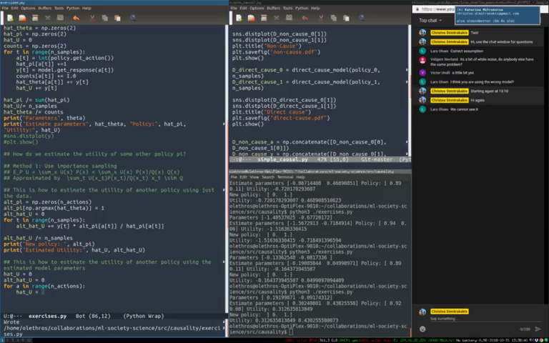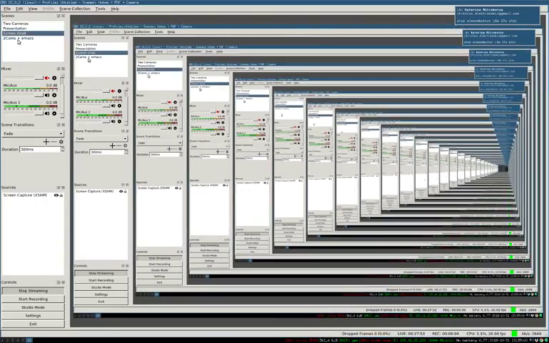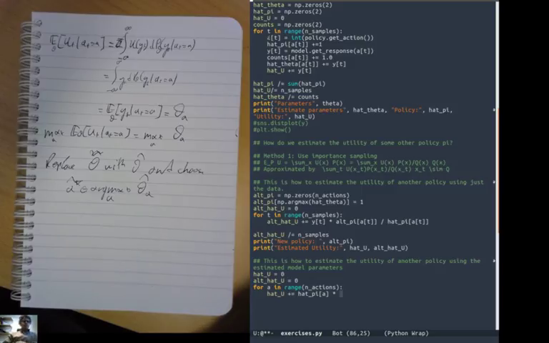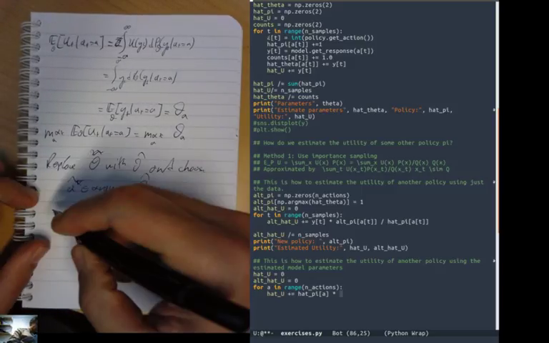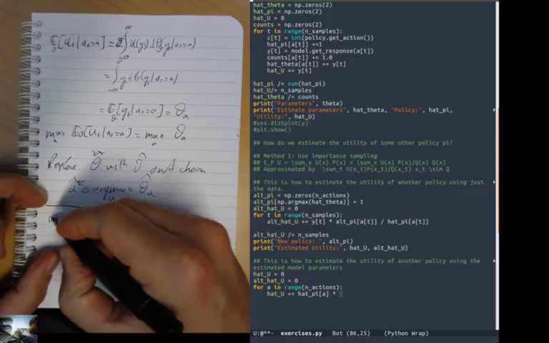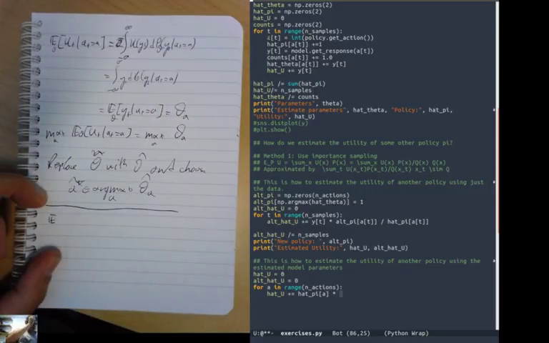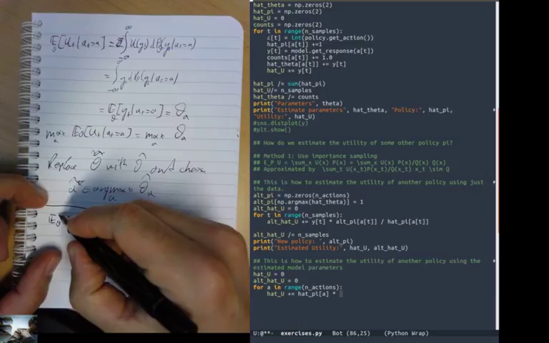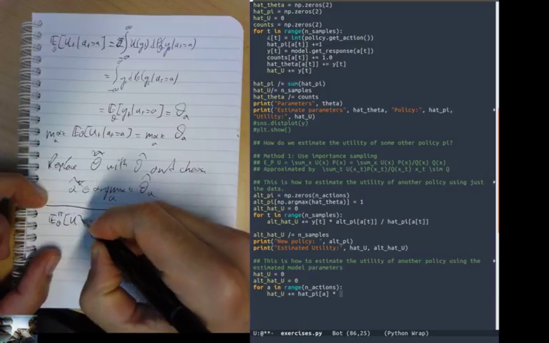Now you can estimate the probability of taking the action, right? So it's like hat pi(a), and then this is the expected utility. The expected utility for a policy is what we have here.